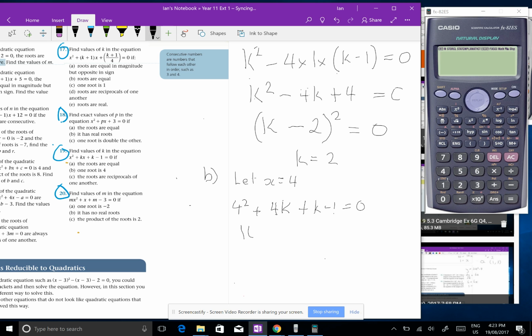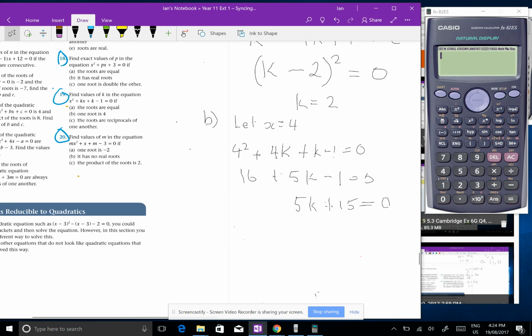That'll give me 16 plus 5k minus 1 equals 0. It gives me 5k plus 15 equals 0. 5k equals negative 15. k equals negative 3. Well, that was pretty easy as well.